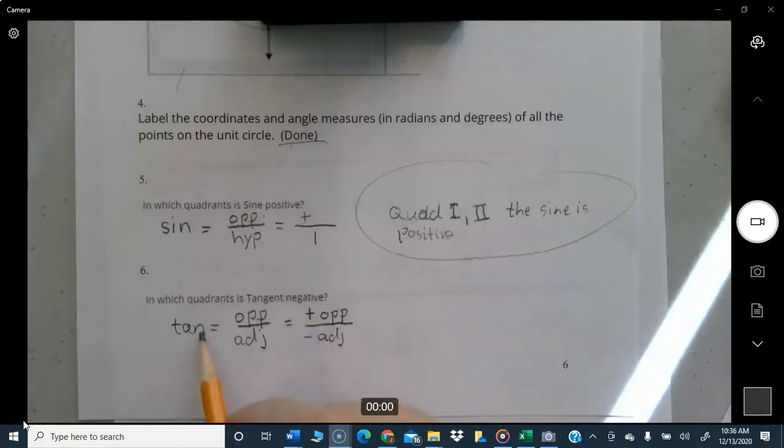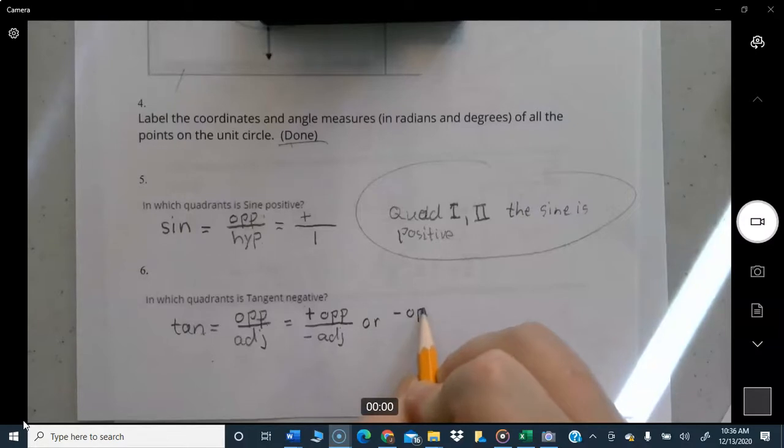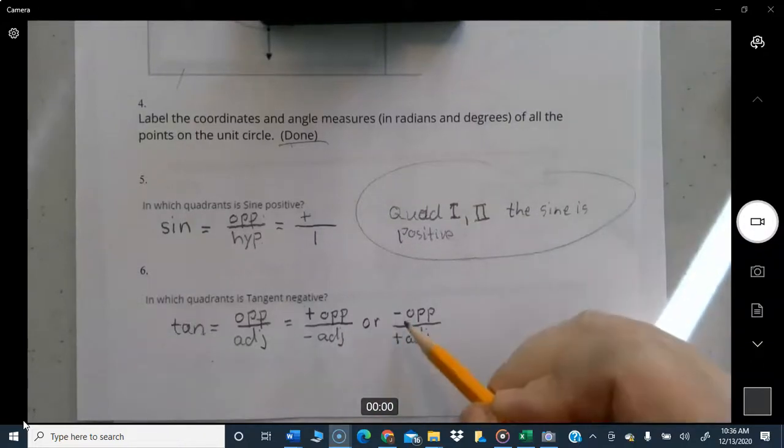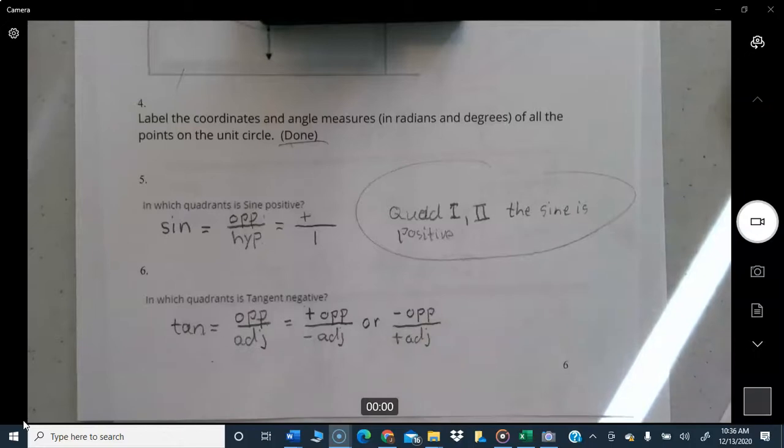That would be a negative tangent. Or you have a negative opposite over a positive adjacent. So one of them has to be negative. If they were both negative, negative over negative is a positive. That would be a positive tangent. So one of them is positive and one of them is negative.